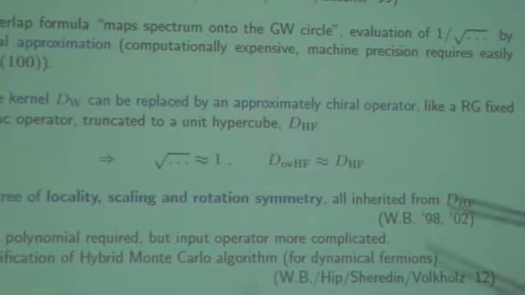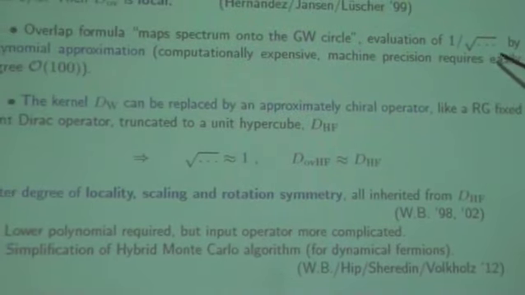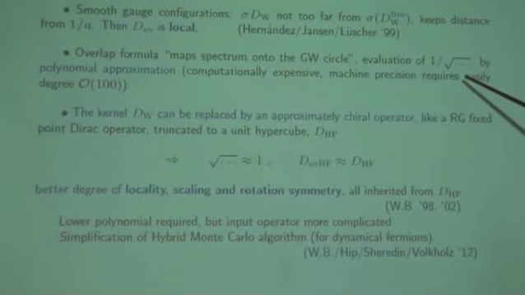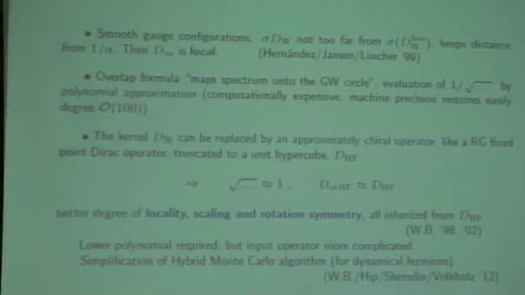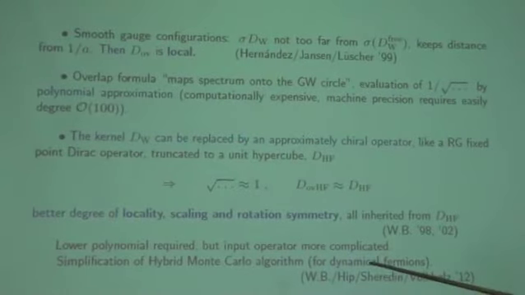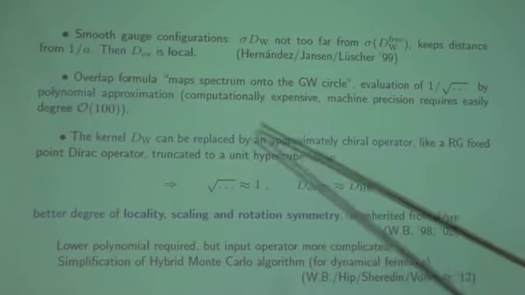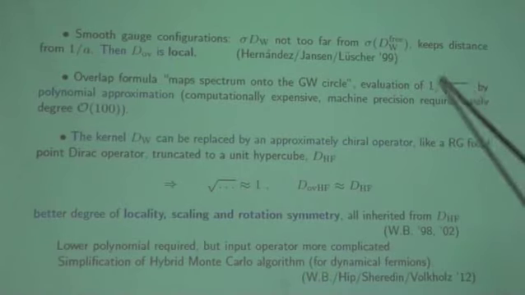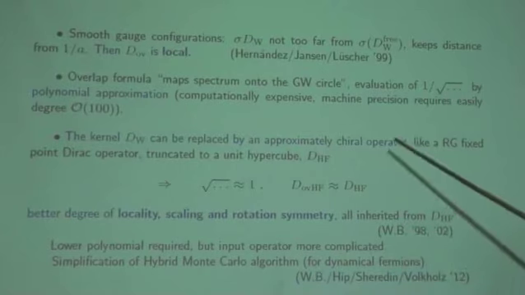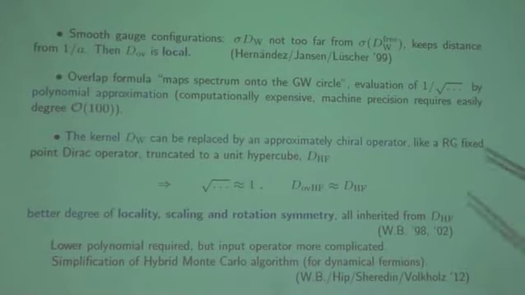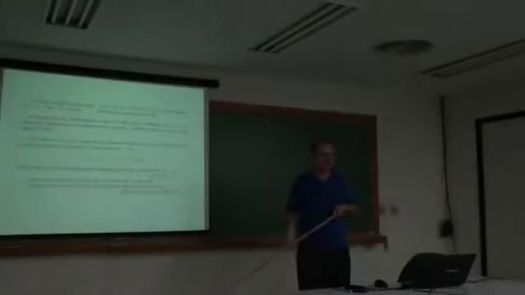But if we want to compute this, the square root of an operator is a tedious object in practice. What one has to do to compute it for a given configuration is to approximate this by a polynomial. In real life, maybe you want to approximate this to machine precision, or let's say a little less, order 10 to the minus 10.